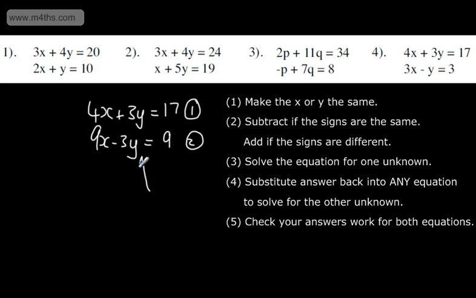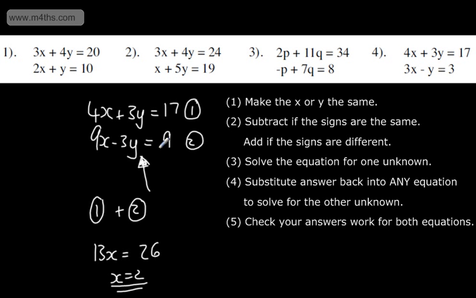The reason I've done that is so that we have now the value of y to be the same. So if I do 1 plus 2, that will now eliminate y as the signs are different. So that's going to give me 13x, and adding these together will give me 26. Dividing both sides by 13, x is 2.